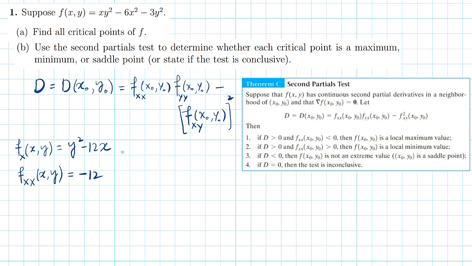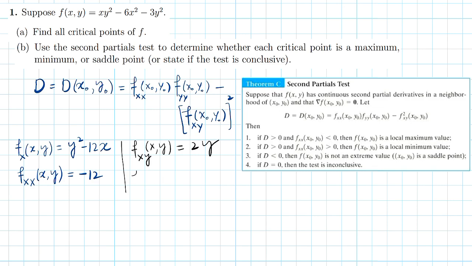By the same way, the first partial derivative with respect to y of f sub x, f sub xy, is going to be 2y.